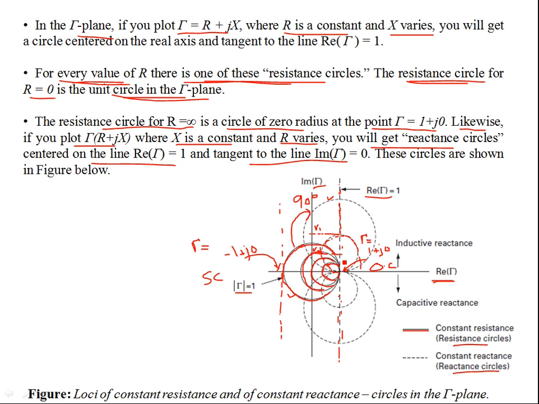This is the tangent, and that's the imaginary of gamma. So it's just a rotation. The resistance circle undergoes a 90-degree transformation. These circles are shown in the figure below, so you can see this rotation.